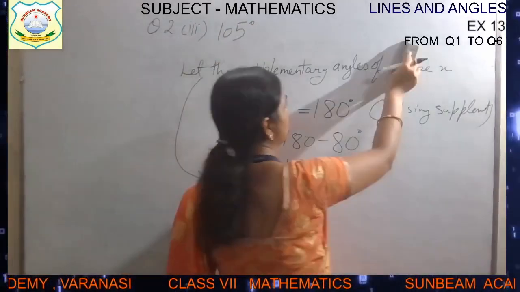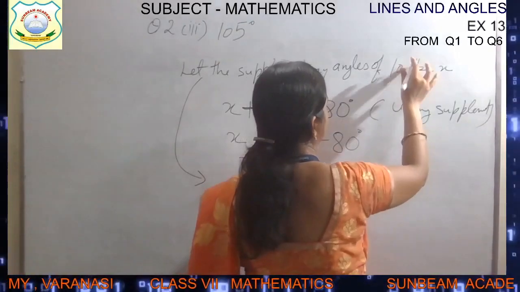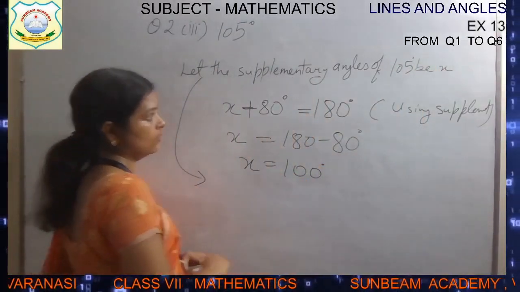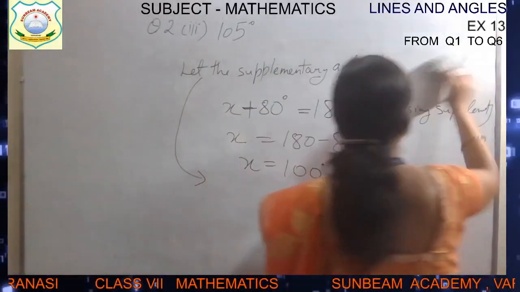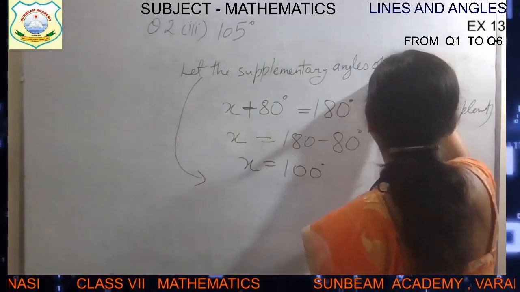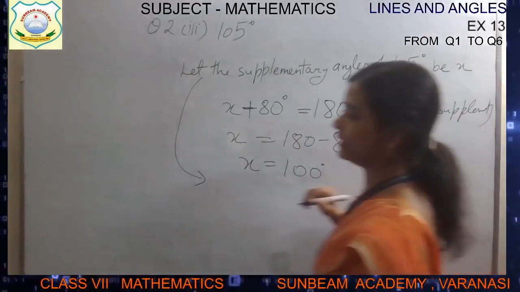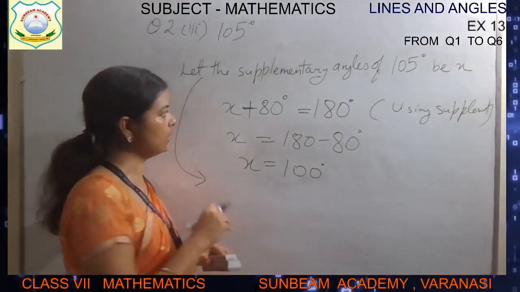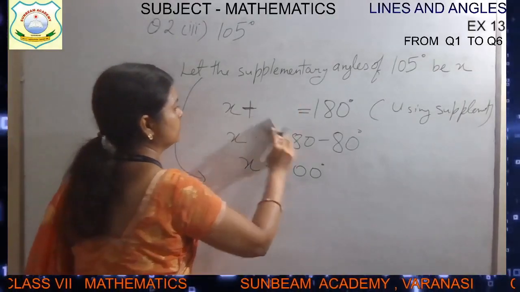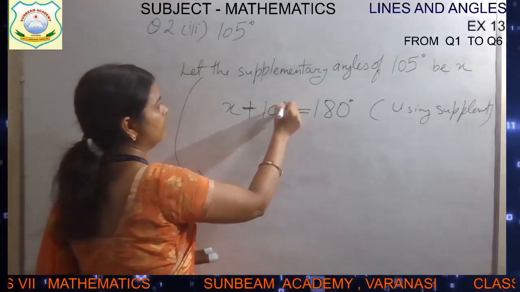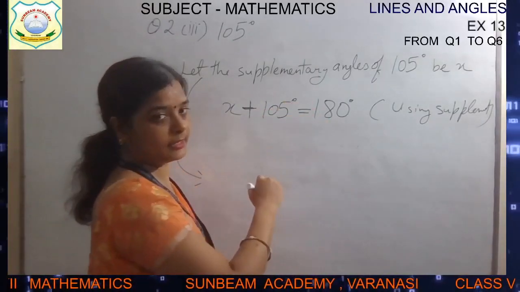So let the supplementary angle of 105 degree be x. x plus 105 degree be 180.